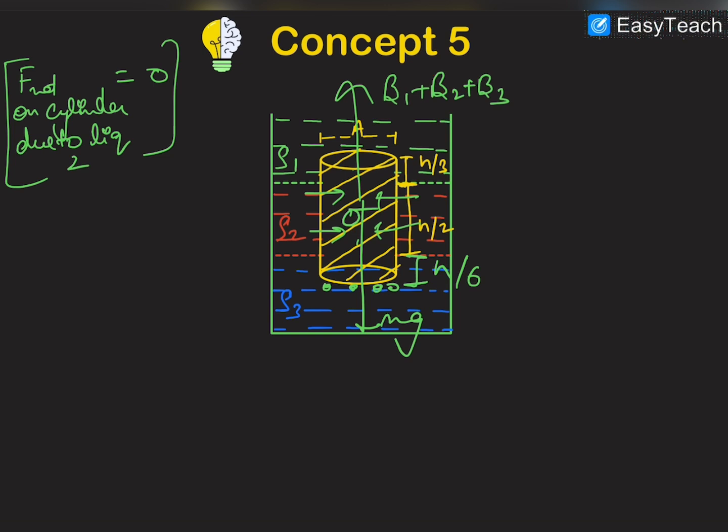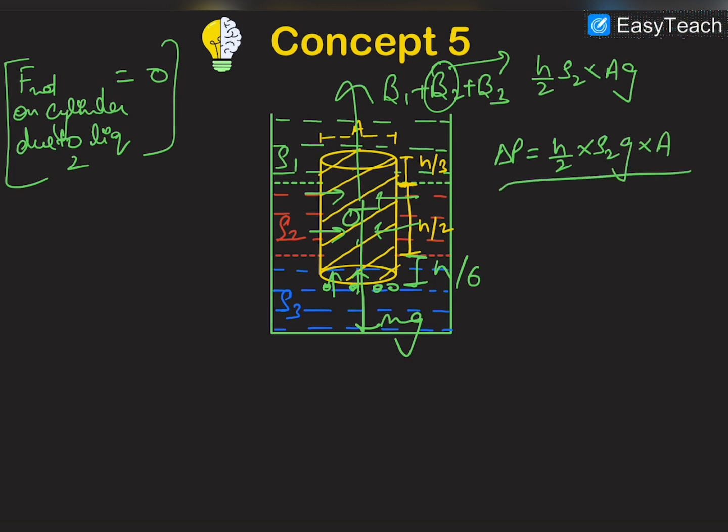We can also prove this fact that buoyancy 2 will be the volume of solid immersed in liquid 2. So in liquid 2 the volume of solid is h by 2 into area A, times rho 2 and g. Therefore we can say that at the bottom the additional pressure due to liquid 2 will be height of liquid 2, which is h by 2, density rho 2, into g, and area is A. So this is the extra force due to the second liquid.